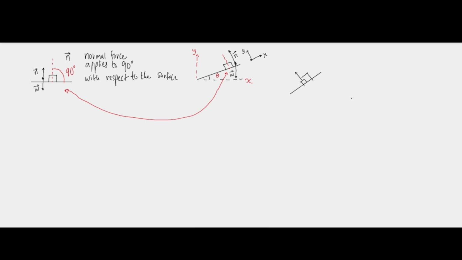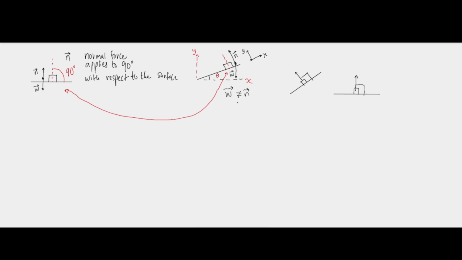If you have a horizontal surface and you have an object, well, the normal force points perpendicular to the surface. So the line doesn't have to be horizontal. It can be a banked line. This line is going to be a little bit more complicated because in this case, with this banked line, we cannot say that the weight force equals the normal force.